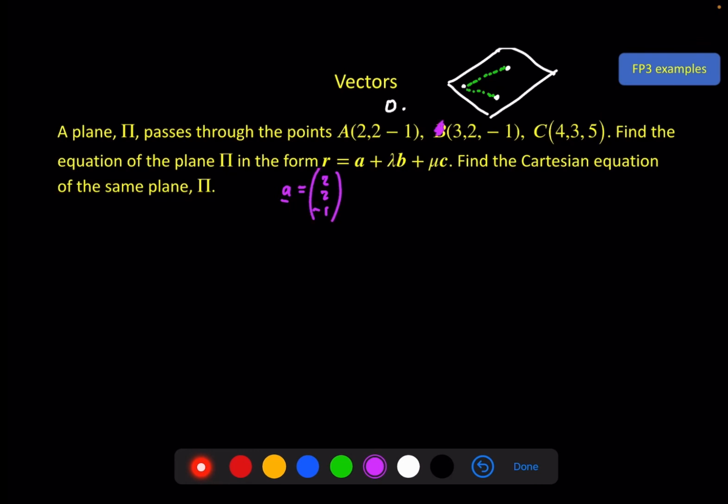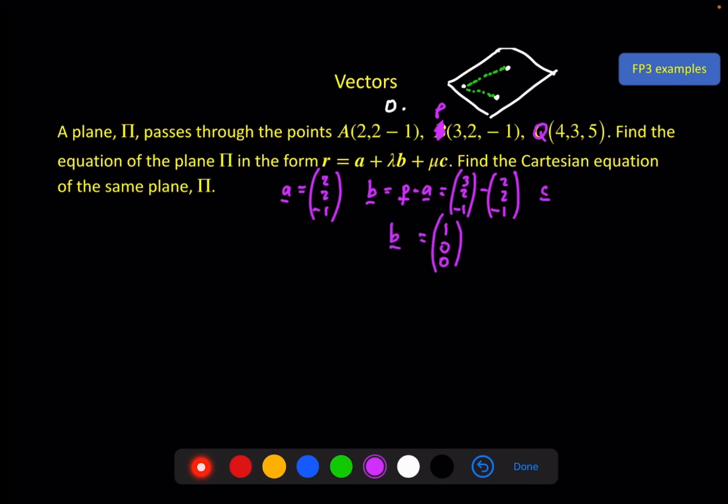If I call these P and Q, then I can use little b to be a vector in the plane, and that will be P minus a. That will equal 1, 0, 0. That's a nice vector.